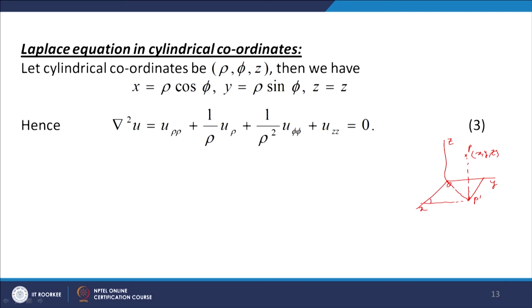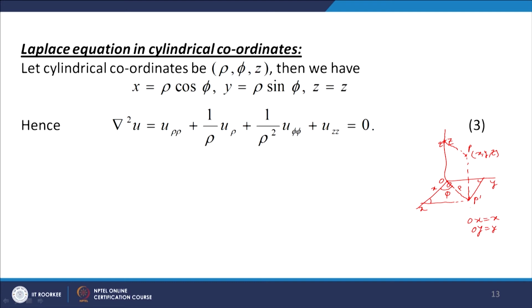Then this angle is pi by 2, this angle is also pi by 2, and OP dash is rho, and the angle that OP dash makes with the x axis is phi. Now OX is equal to x, OY equal to y, and draw through P a line parallel to OP dash, so this is your OZ.